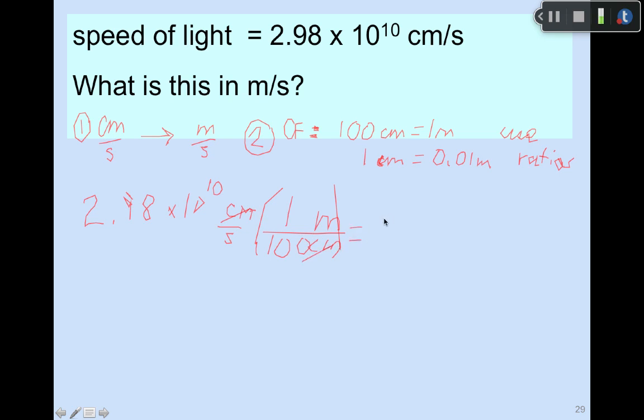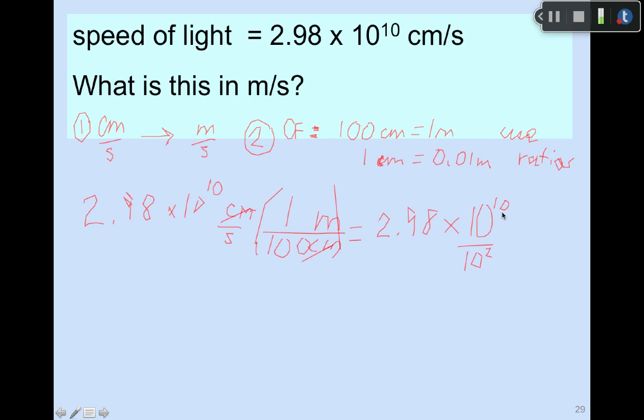If you do that, the centimeters will cancel, and the units that remain are the ones that you want. So your initial value, the 2.98, now only has a different exponent after it. Instead of 10 to the 10th, well, 10 to the 10th divided by 100 is 2 powers of 10, and so that would be 10 squared under there. So 10 to the 10th, I'm going to write it out for you, divided by 10 squared.